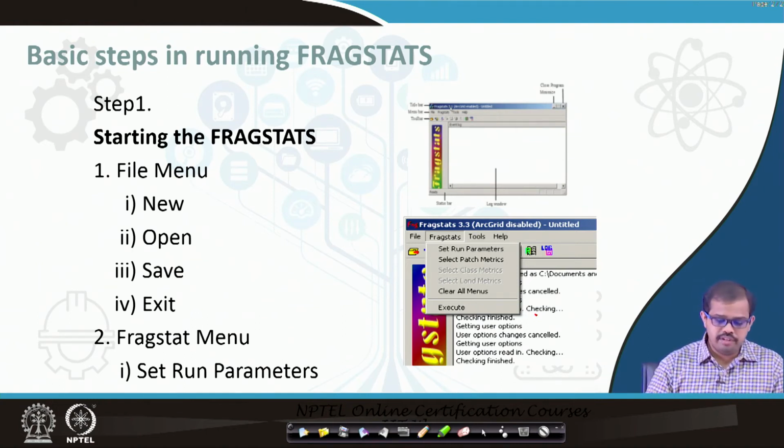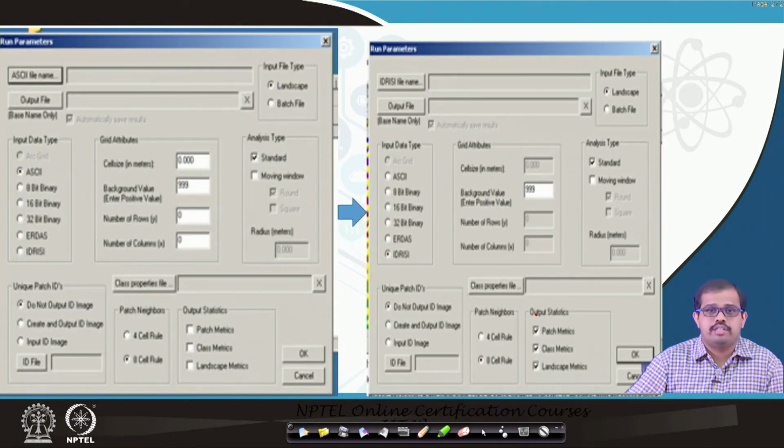First is the file menu, which gives you how to open and how to create a new instance in order to run FRAGSTATS. Then you have open, save, etc. The most important part here is to set run parameters. This is how it looks.